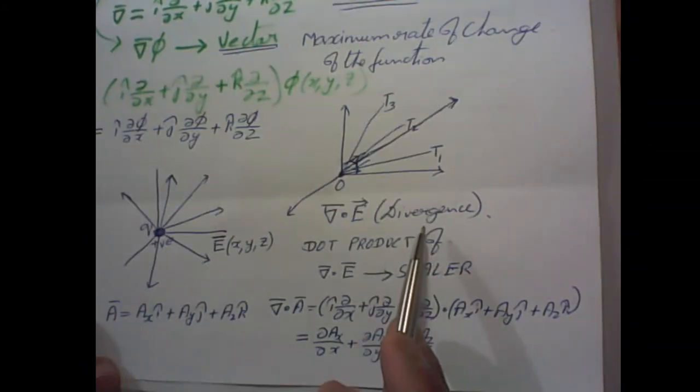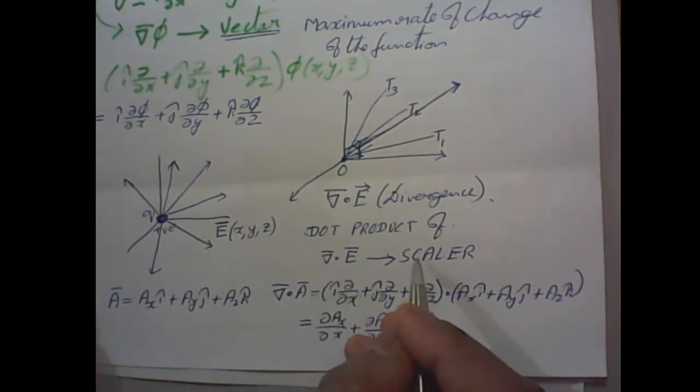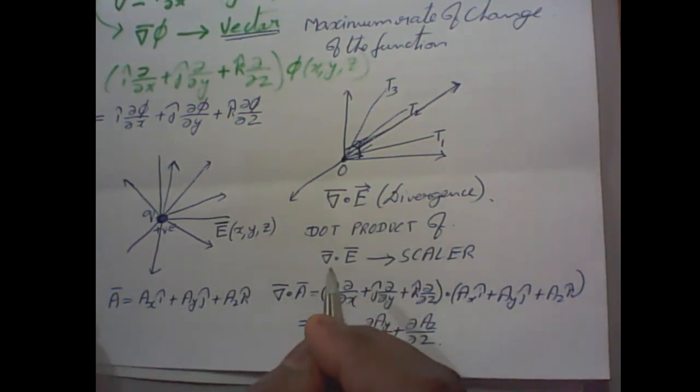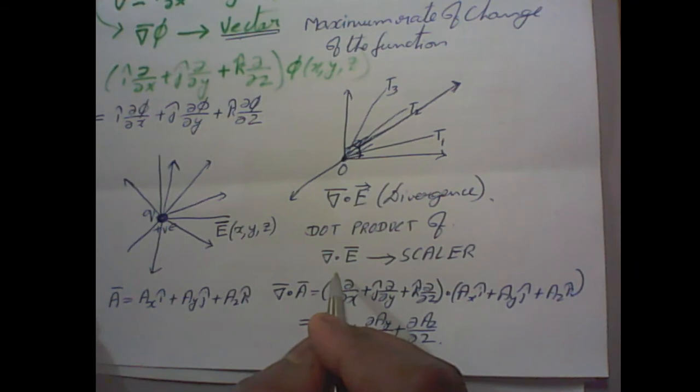Divergence is a scalar, so it will have only its magnitude. The magnitude of the divergence of a vector quantity gives us the amount by which the vector field diverges at that point where we are measuring it.